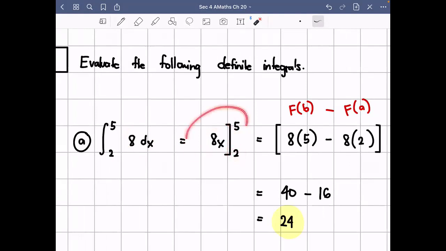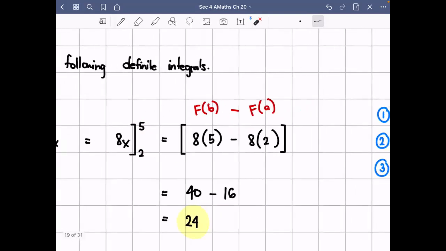Okay, we're here now. Do you have any question? Again, you get the antiderivative of this, that's why this is now 8x, and then just write it like this. Now, what's next? Using the answer from your antiderivative, you just plug in the upper and the lower limit. So again, the upper limit minus the lower limit.